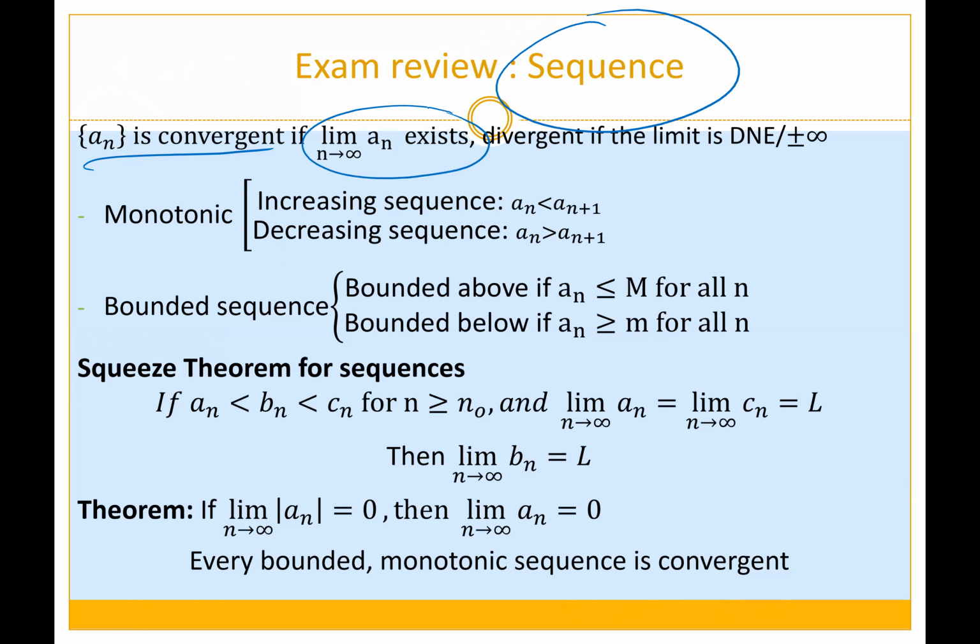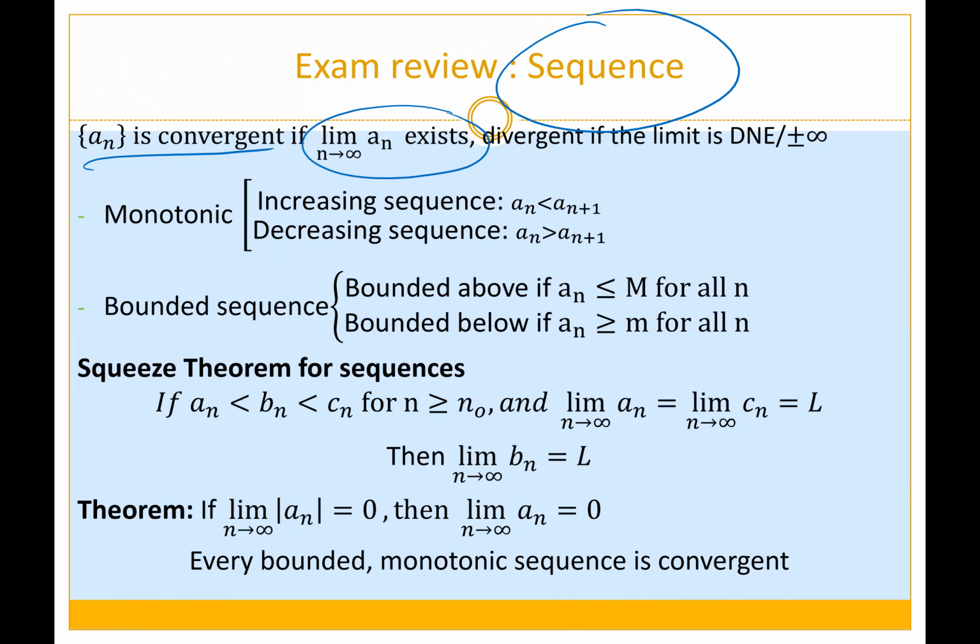Note that a sequence is very different from a series: the limit just needs to exist, no matter what value, just a number, and then the sequence is convergent, while the series might not be convergent if that limit is different from 0.